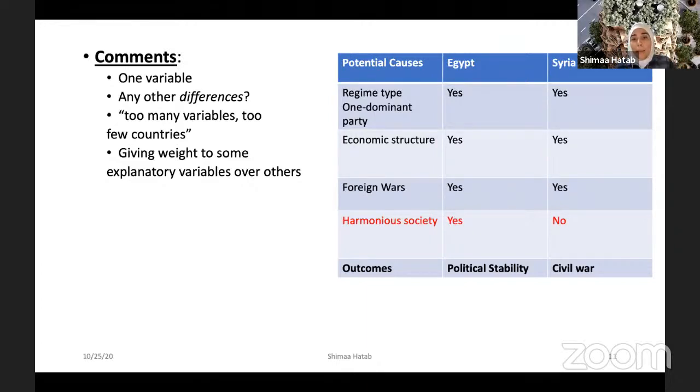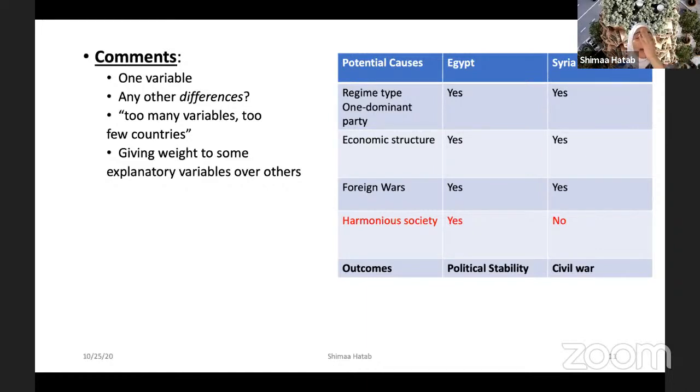Before you make your research design, you have to make sure that you are aware of the weaknesses or the main drawbacks or caveats that would emanate from this research design. Here you single out one variable as the one that would account for the outcome, but different researchers would come up with a different independent or explanatory variable to formulate this causality.